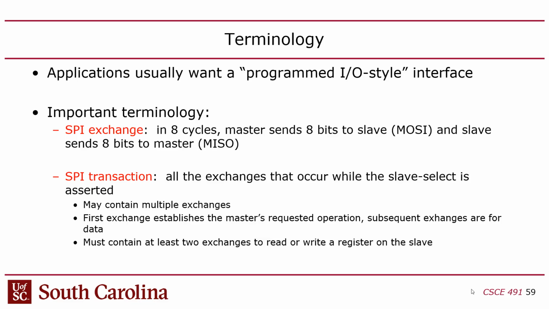It allows you to turn this exchange process into a protocol by which you can read and write addresses, which is typically how SPI is used, at least in my experience. I'm sure there's a lot of ways that SPI has been used. But in my experience with the types of chips we're using in this class, they typically want a transactional, programmed I/O style.